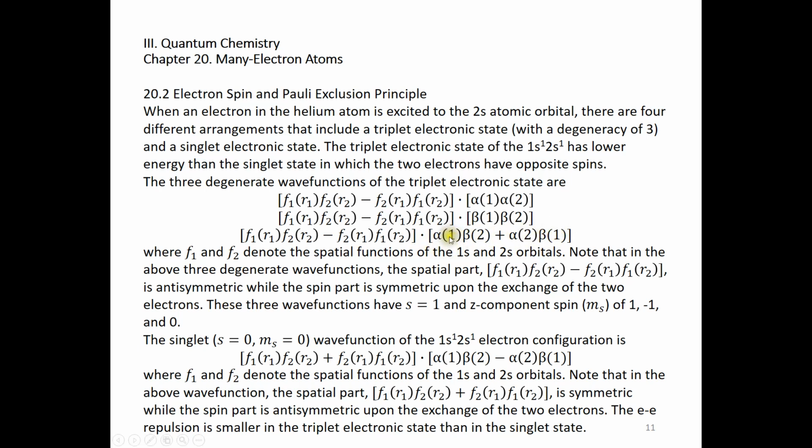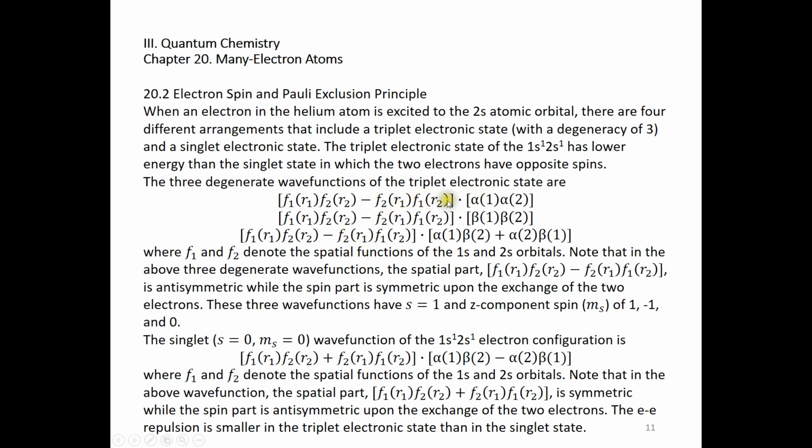So if you replace 1 with 2, and 2 with 1, you get the same spin part. Same here. If you exchange 2 and 1, it remains unchanged. If you exchange 1, 2, this spin part remains unchanged. But the spatial part is anti-symmetric.